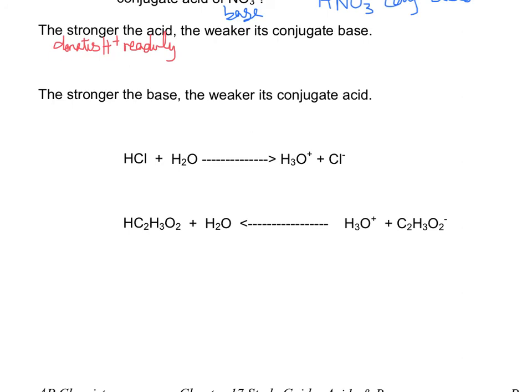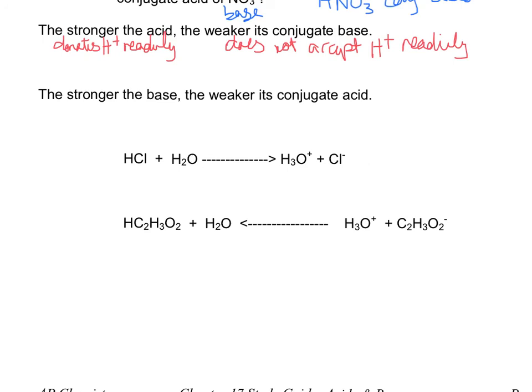So the stronger the acid, the more readily it donates its H plus, the weaker its conjugate base. That means the less readily the base would accept a proton, so it does not accept a proton readily.